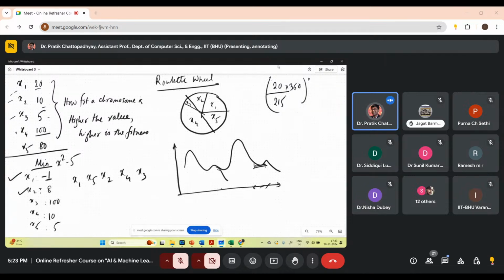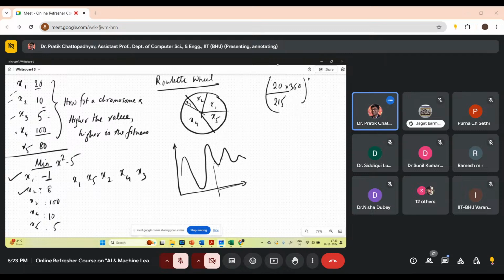Say this is the global optima. The curve looks like this, so this is the global optima, and then we have local optima. Our solutions are in this range. We have not got any solution here. If we get a very bad solution, say this one, because it has a very high value and our objective is to minimize, and we are able to select this solution also in the mating pool, then along with the locally good solutions, we also have a bad solution.